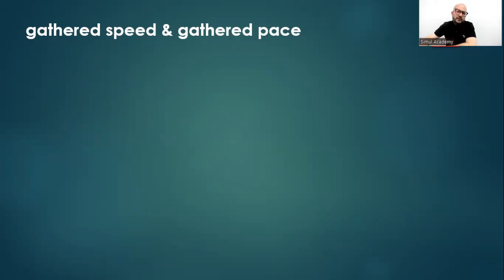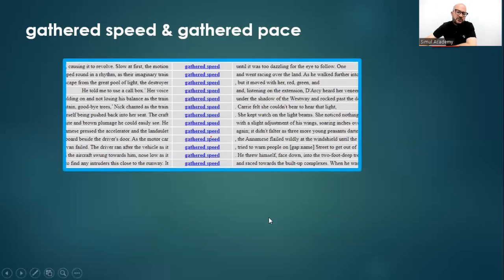And what you might find if you looked at a corpus, for example, this is just a simple search on the British National Corpus, it would show you that in most of the examples of gathered speed, you can see it's used in a context of transportation or vehicles travel, a train, craft, motor car, vehicle, and so on.